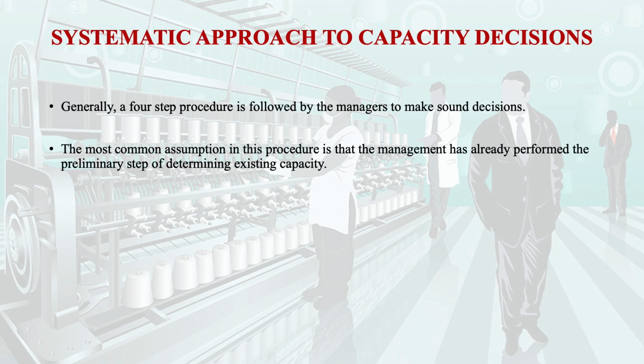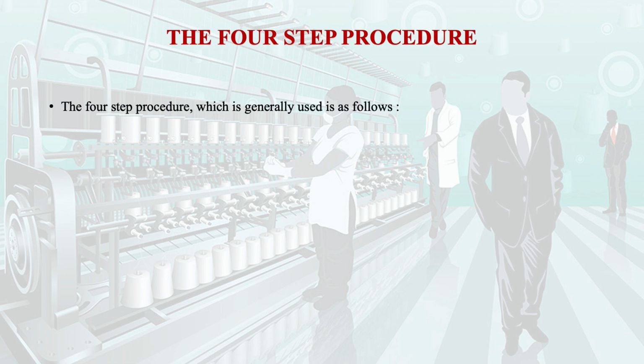The most common assumption in this procedure is that management has already performed the preliminary step of determining the existing capacity. That is a very important point. Before going for the four-step procedure, one has to analyze the existing capacity on a preliminary basis.